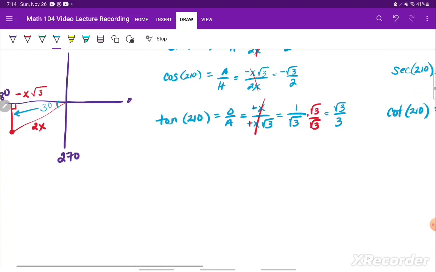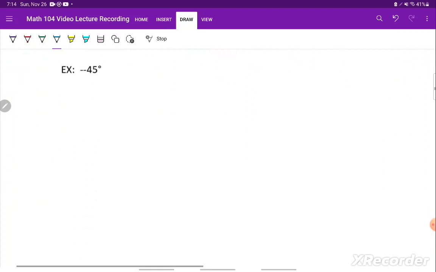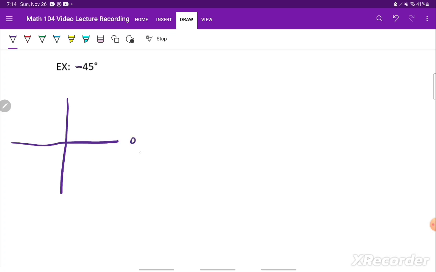Let's do some more. Next up, our angle is negative 45 degrees. Starting in standard position, if our angle is negative, we're going in a clockwise rotation.